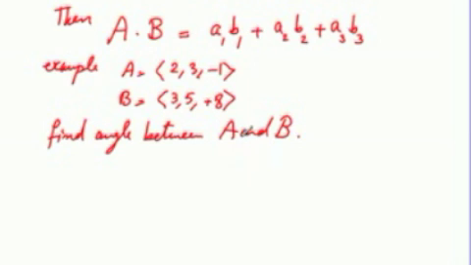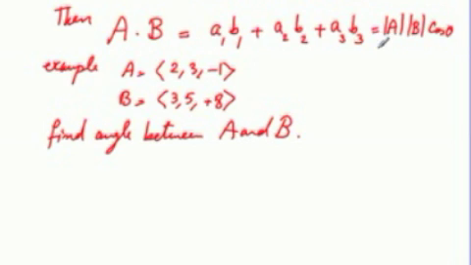Trying to construct these things in 3 dimensions and finding the angle like that is also hard, but what comes to rescue is the fact that previously we had said this is equal to length of A times length of B times cosine of theta. So anytime you want to figure out the angle, you can figure out the dot product like this and divide by the length of the two vectors.